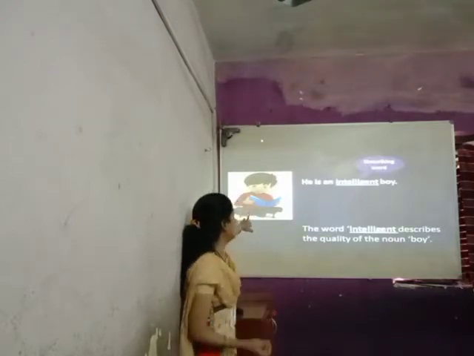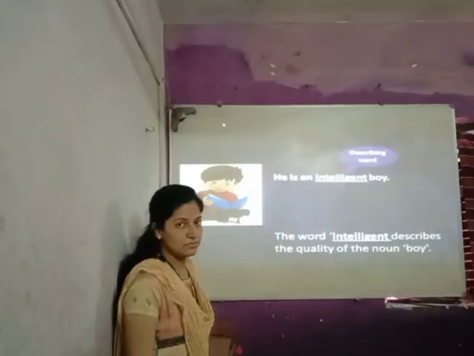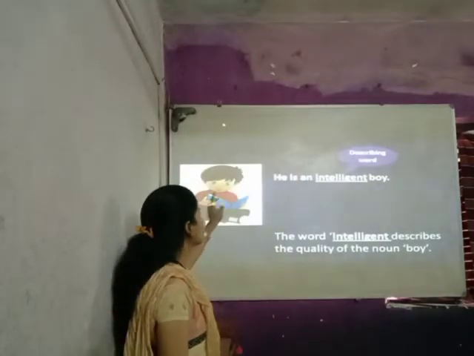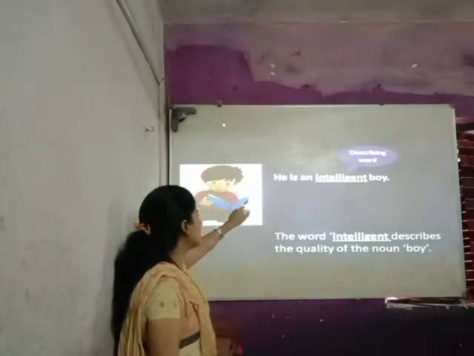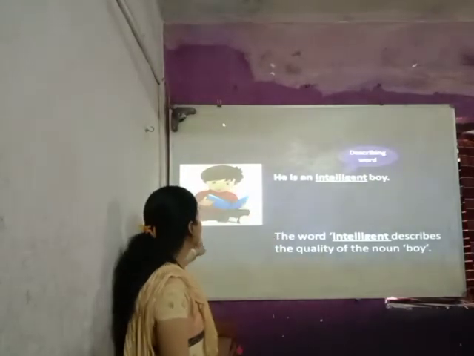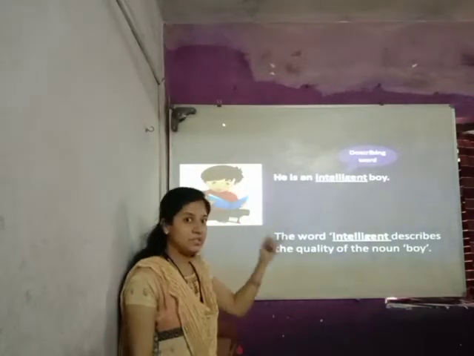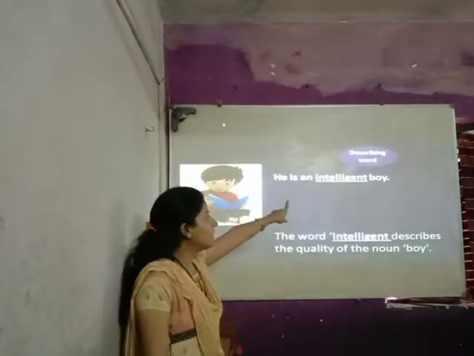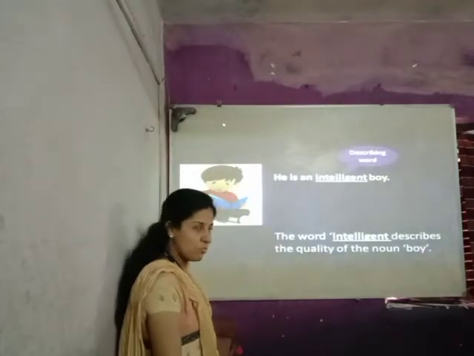Now see, can you see the picture? Yes. Now see, he is an intelligent boy. He is an intelligent boy. This boy is intelligent. So here the word intelligent describes the boy.